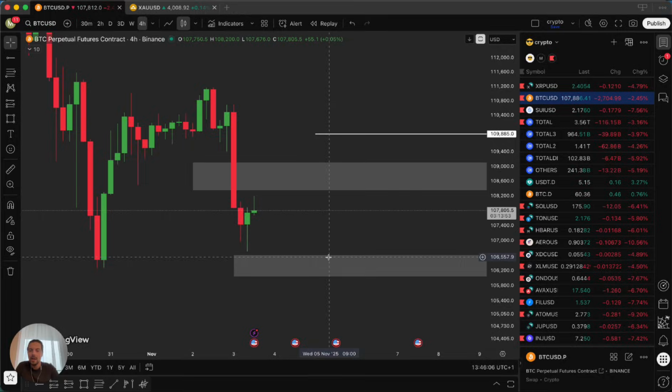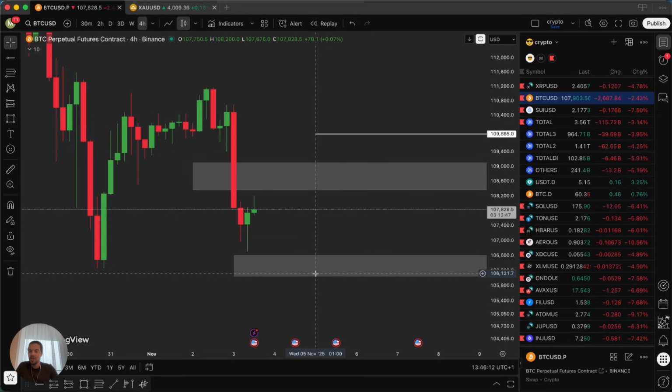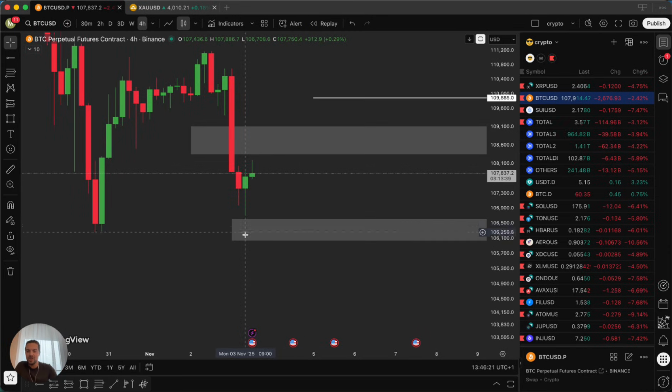Meaning that by looking at this chart and our zones and looking at the actual price chart, we know one very simple thing, that we don't have a lot of orders below this region here.